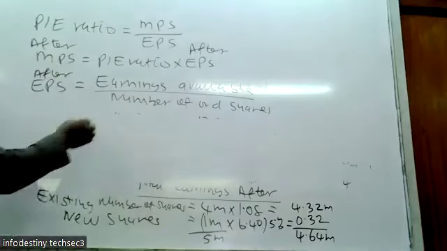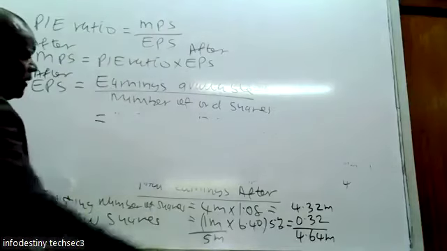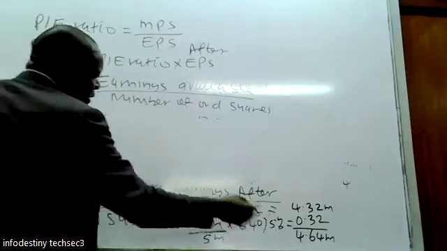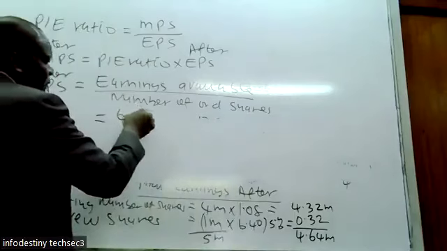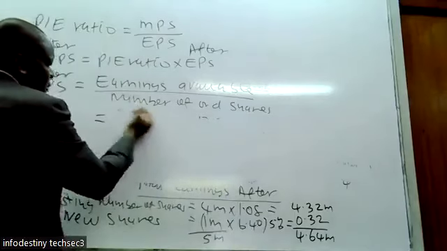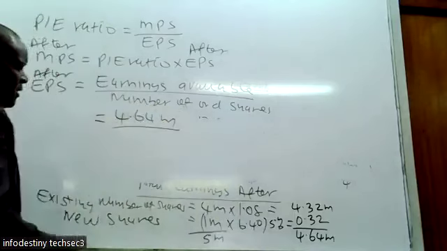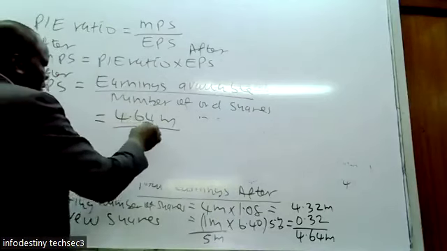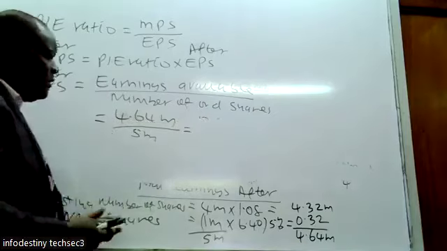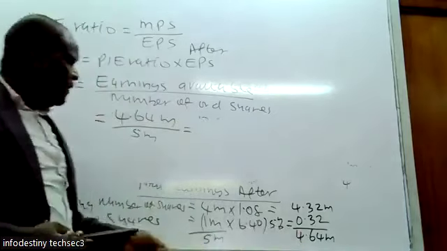The after earning per share. So earnings available, we take that figure of 4.64 million. Then the number of shares is 5 million. So you simply take this one by that.